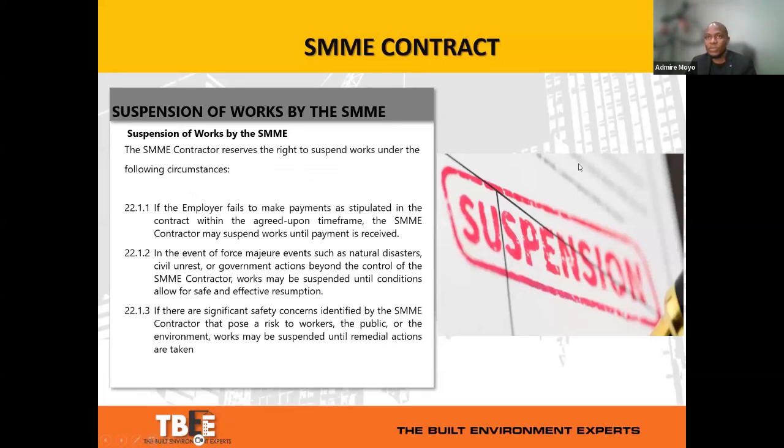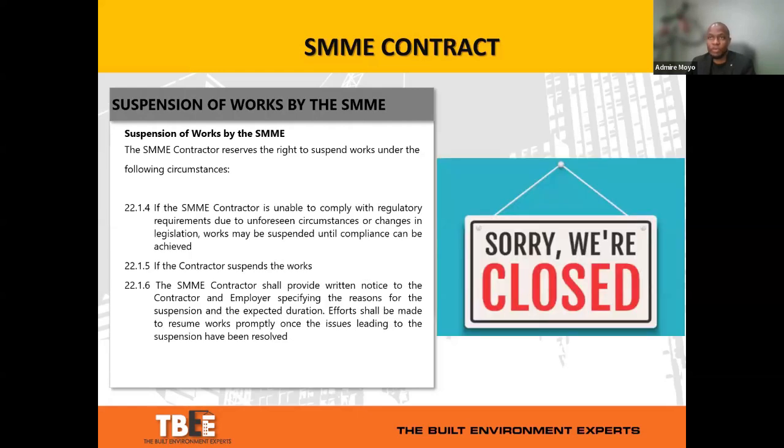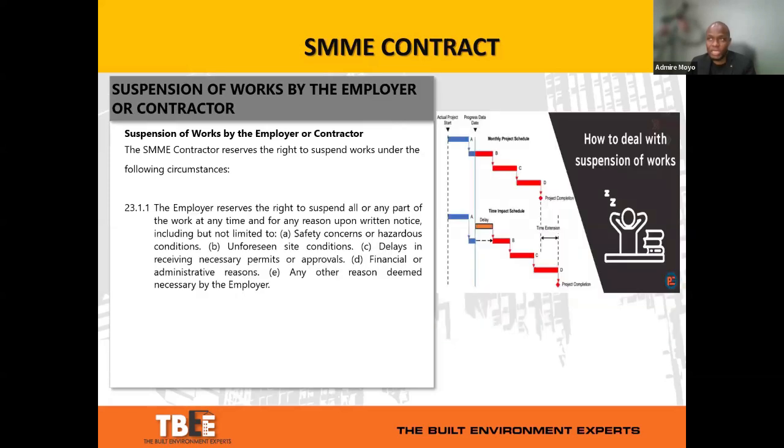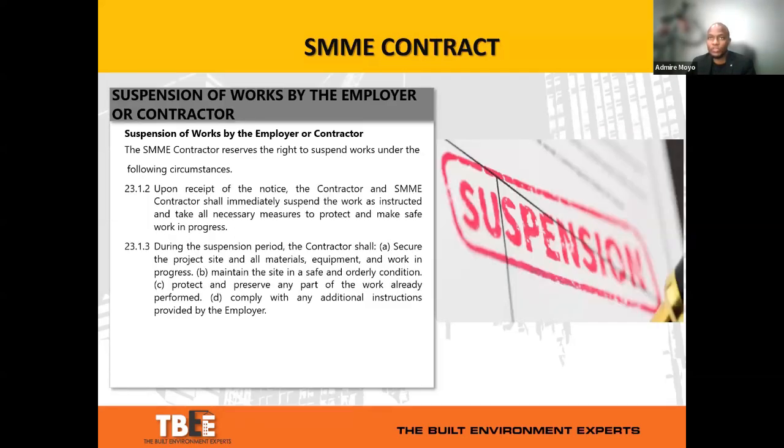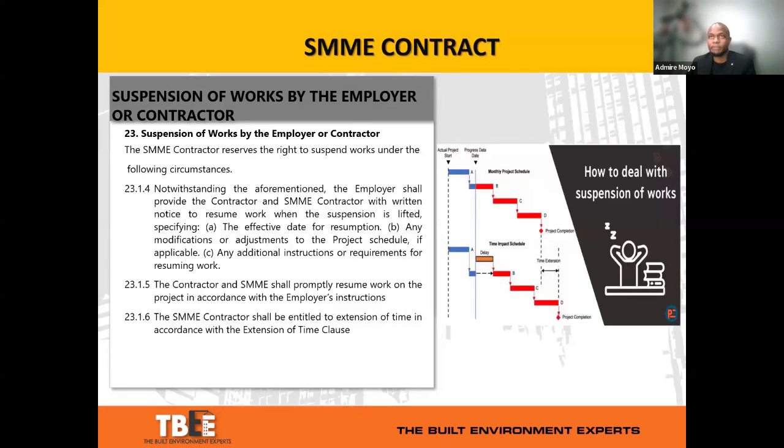So when it comes to suspending the works, again, the SMME contract allows for the SMME contractor to suspend the works where the employer fails to make payment to the SMME contractor or in the event of a force majeure event. But largely, this also follows the format of standard contracts. But again, the role of the SMME agent is amplified, and also the role of the employer is as well.